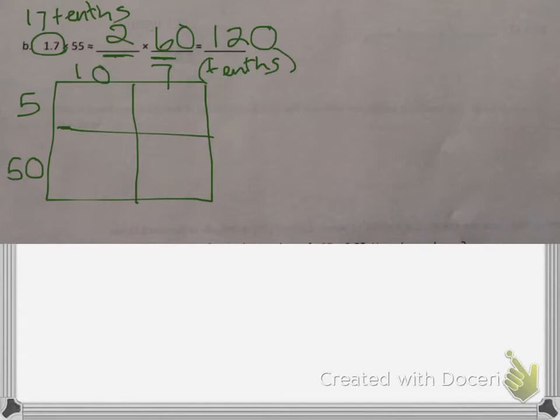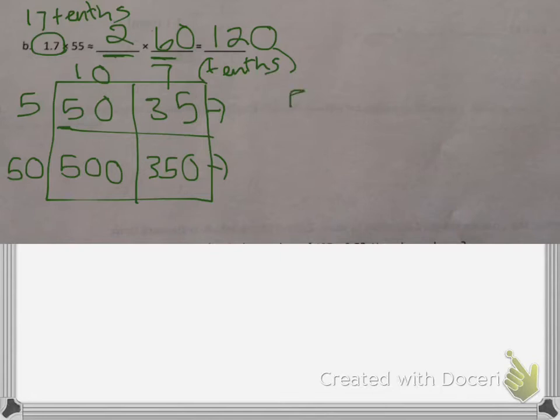So then I multiply in my area model. 5 times 10 is 50. 5 times 7 is 35. 50 times 10: 5 times 1 is 5 plus 2 zeros, 500. And then 50 times 7, well, 5 times 7 is 35, and I add my 0, so 350. If I add across, 50 plus 35, I have a 5 in the ones, 5 plus 3 in the tens, so that's 8, so it's 85.